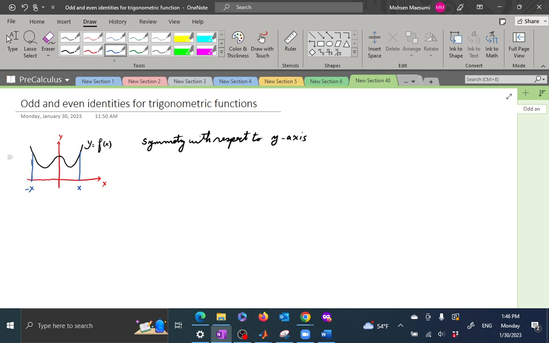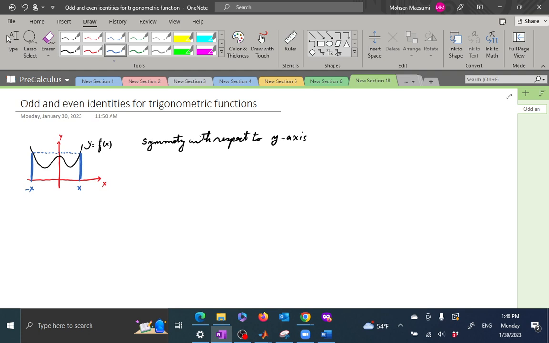That is, this is as tall on the left as this one is on the right. Or in other words, if I go from this point to the mirror, the y-axis, and go equal distance to the other side, I land right back on the function.